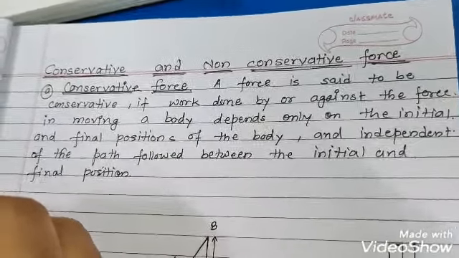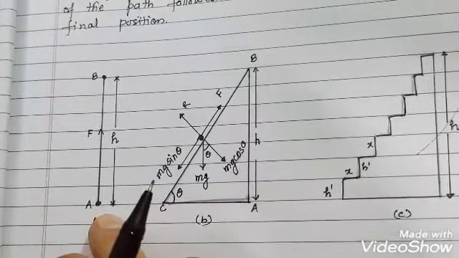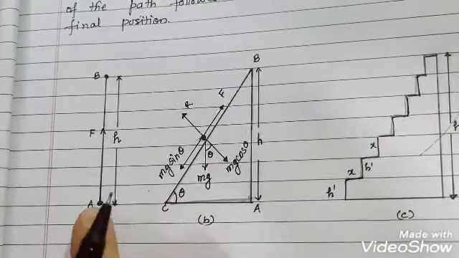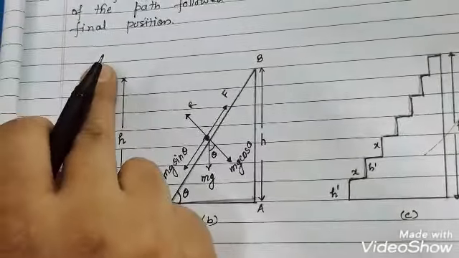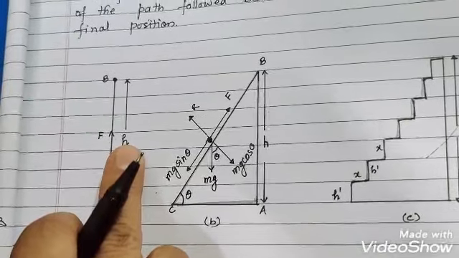For example, we'll see here the gravitational force. The gravitational force is a conservative force, and to prove this, let us calculate the amount of work done against the gravitational force in moving a body of mass m through height ab, which is equal to h, over different paths from a to b.